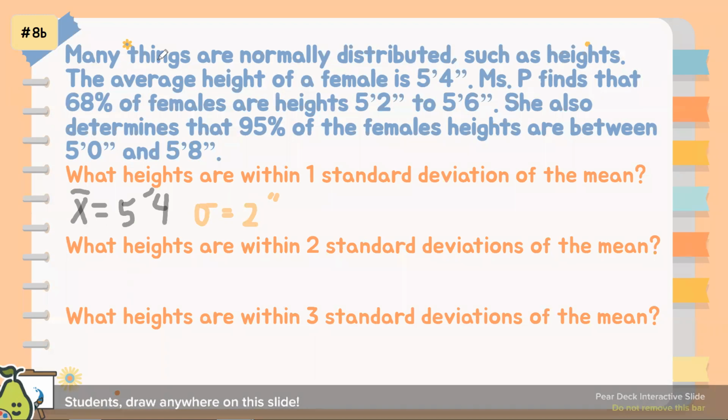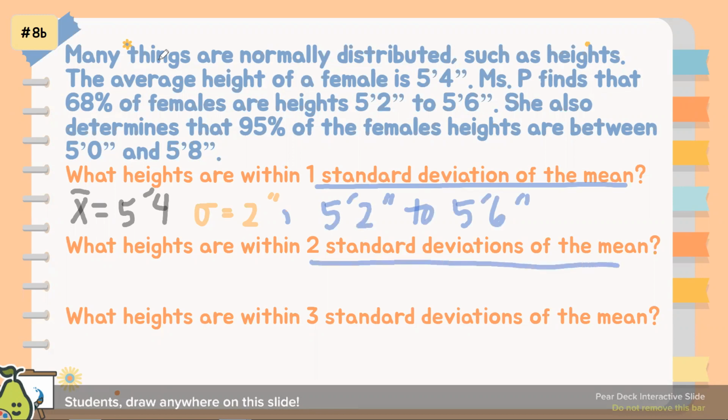That means that within 1 standard deviation of the mean, we're going to be between 5'2" to 5'6".